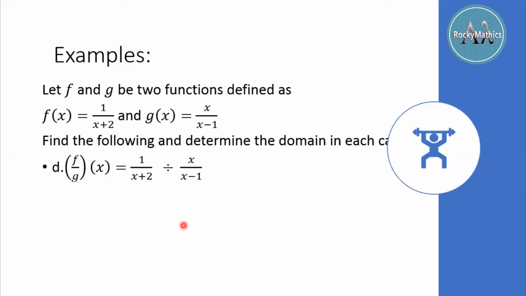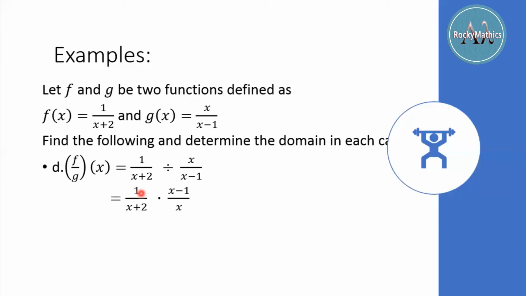Okay, for the last case, we have the quotient of two functions. So how can we get the quotient of two functions? F over g of x is simply equal to f of x divided by g of x, right? Now, since we have a rational function divided by a rational function, we can apply the concept of dividing a fraction.